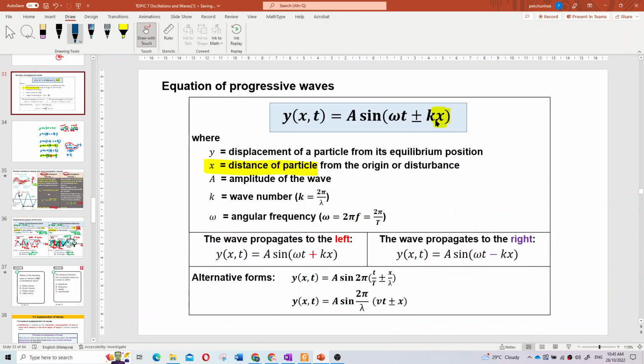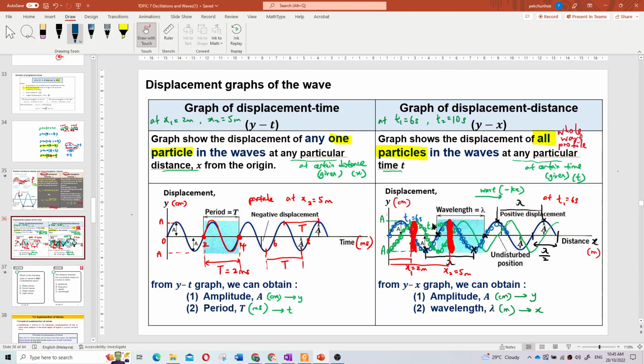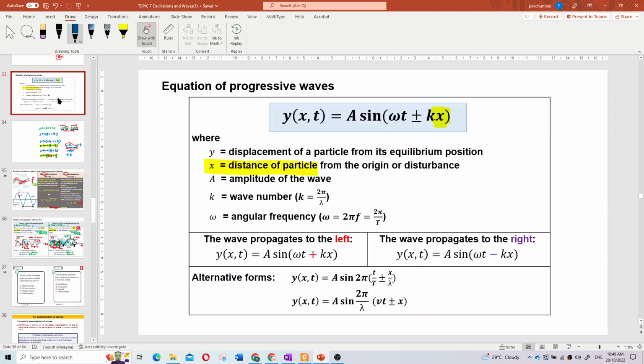Look at the equation. These two graphs alone can help you generate the equation for the wave. You see, omega. If you want to know omega, you need to know the period, isn't it? If you want to find the wave number, you must know the wavelength.